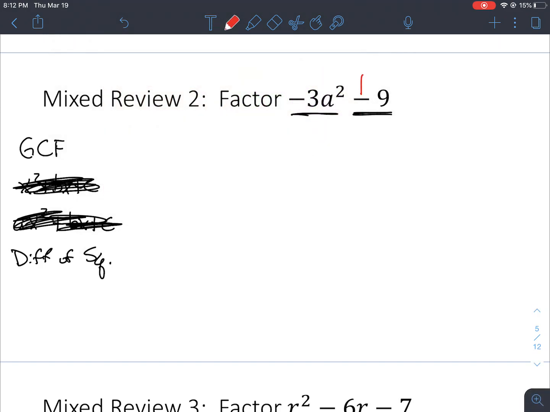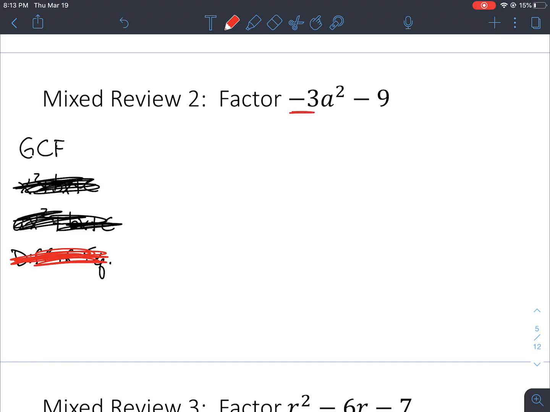Okay, I do see the subtraction sign in the middle, so maybe it is difference of squares. 9 is a perfect square, so maybe it still could be difference of squares. However, 3 is not a perfect square. So that eliminates this option. And again, this is just going to be a GCF problem.